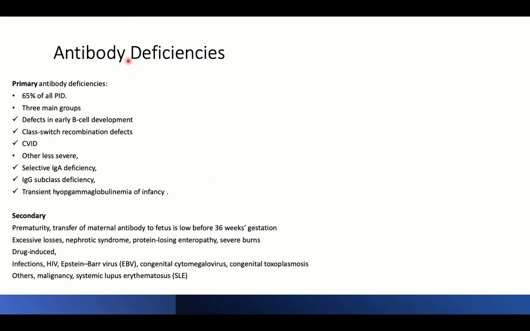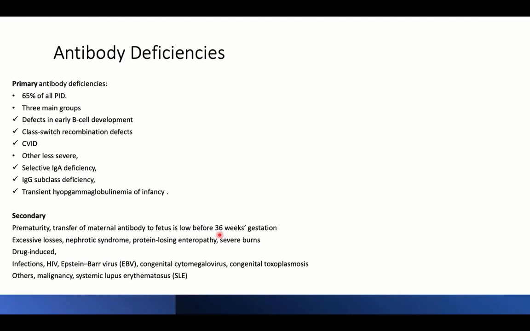Starting with the commoner presentation in primary immune deficiency, which is antibody deficiencies. Antibody deficiency can be primary due to genetic mutations or can be secondary. The more common are the secondary causes, including prematurity, for example, as transfer of maternal antibody to the fetus transplacentally is low before 36 weeks of gestation.